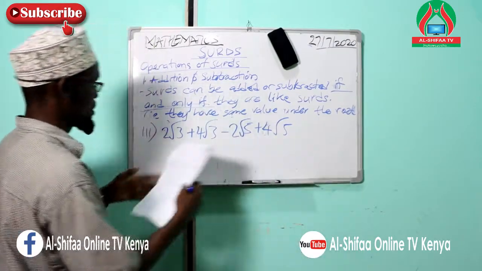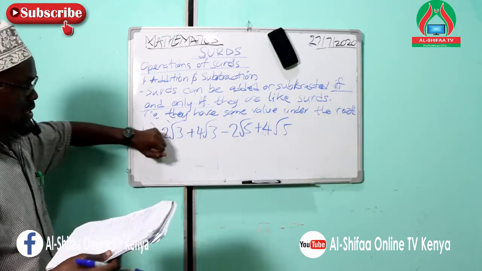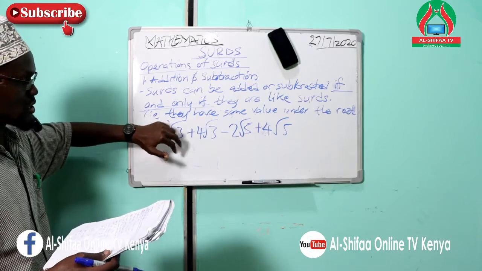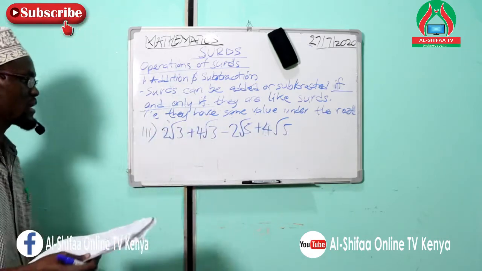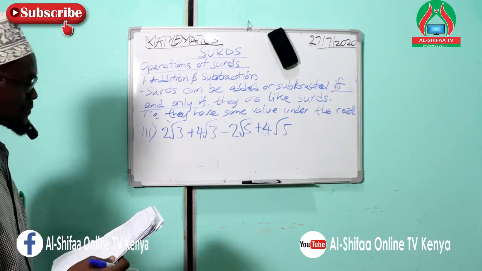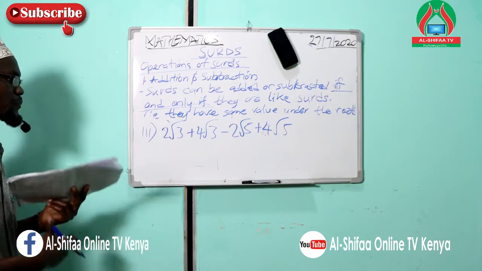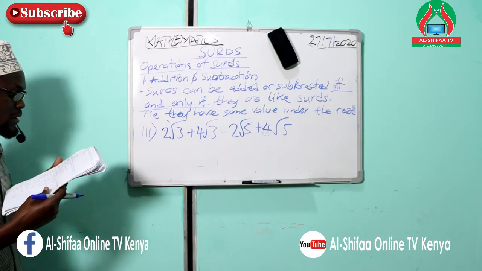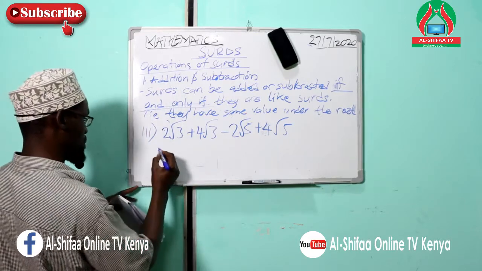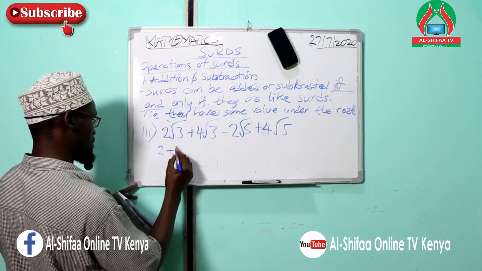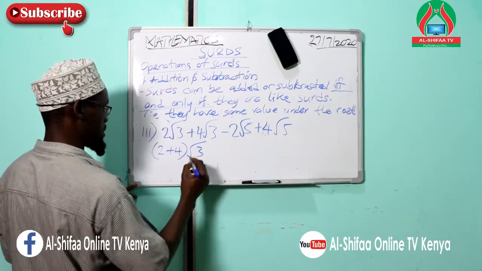So we first ensure those with the same value under the root, we put them together, and those with root 5, we do there as well. Okay, we can do it together. We'll be having 2 plus 4 root 3.